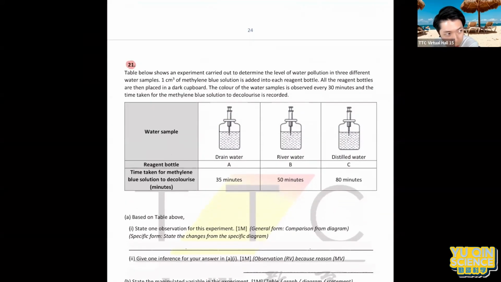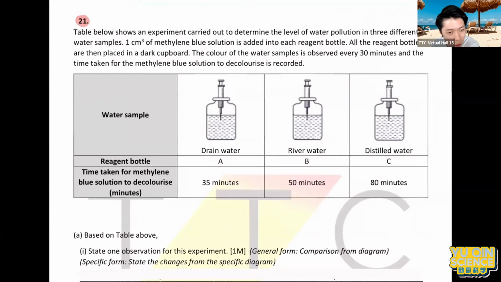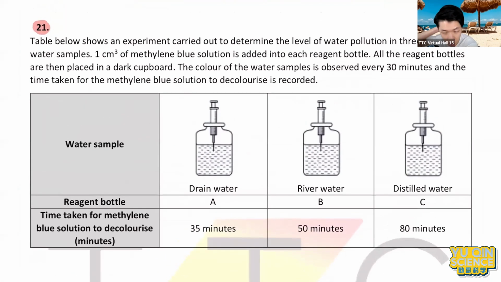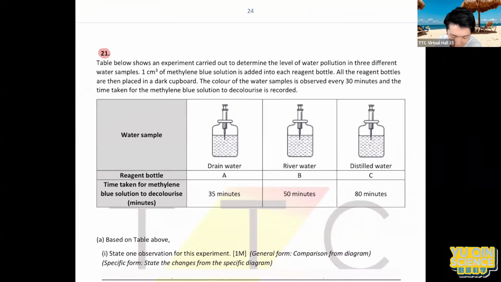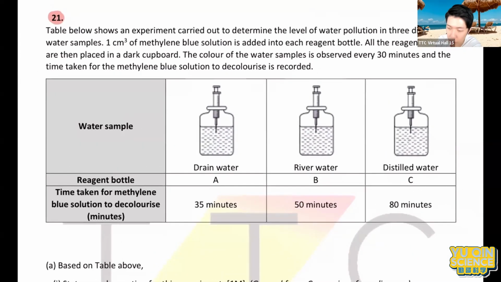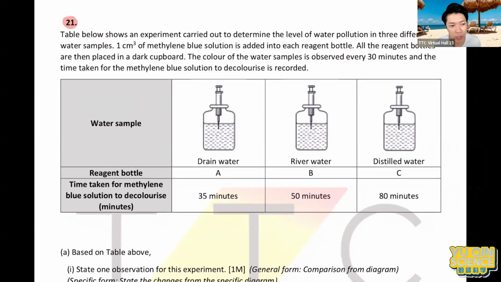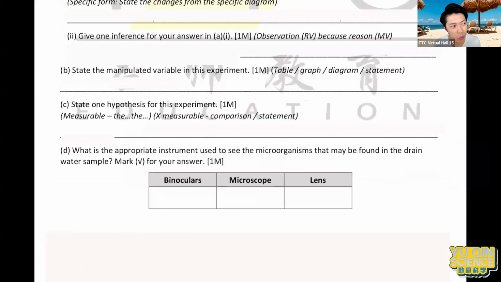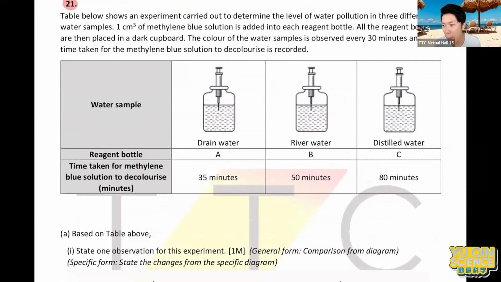Question 21. I jumped a bit. Oh, this is quite a rare question though. I mean rare, like not many state papers have this topic. I think only one state or two states, I forgot. But anyway, page 25, question 21. Shall we?